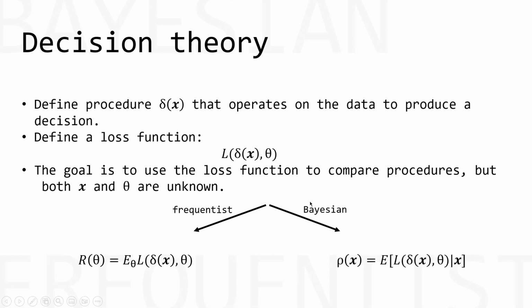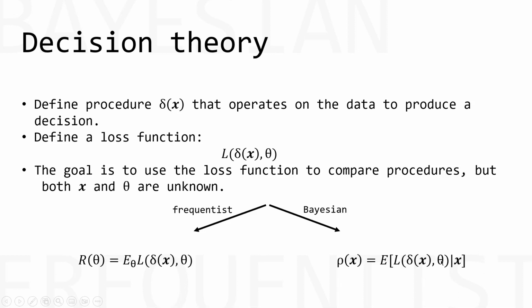Now, the other approach would be to take the expectation over theta. So we can do that. We take the expectation over theta conditioned on x. So this is a conditional expectation. By doing this we get rid of the theta part.